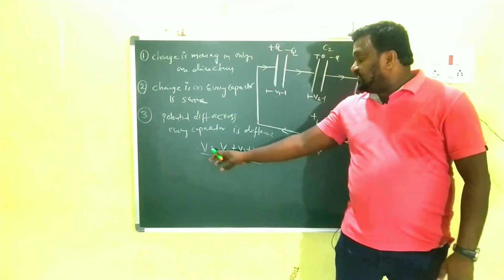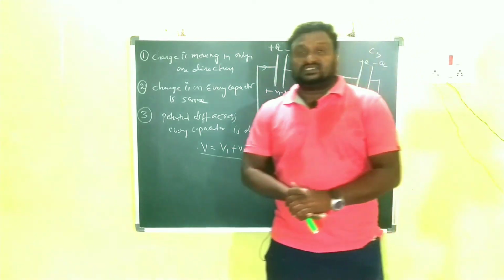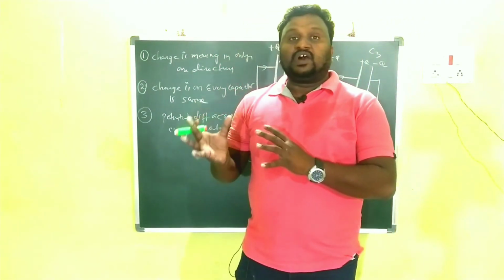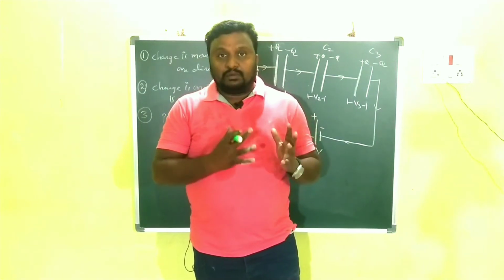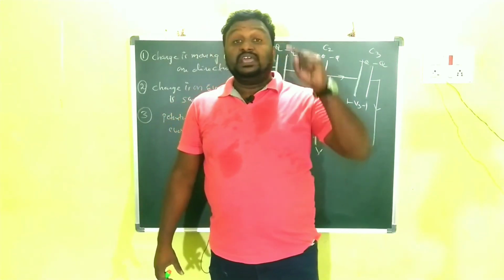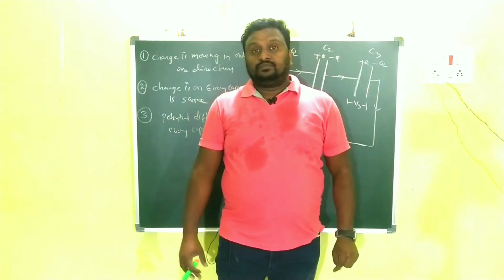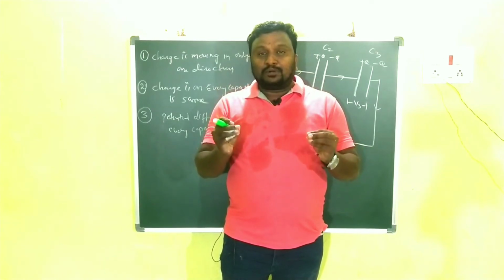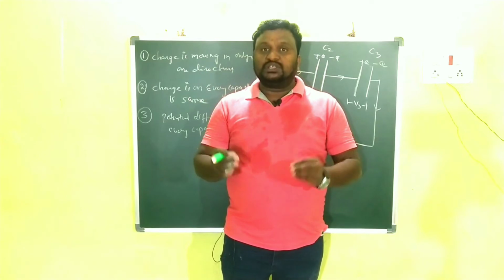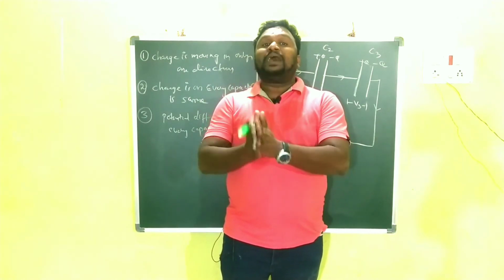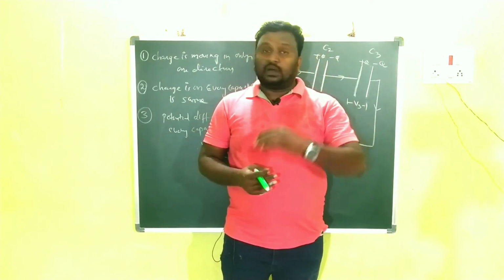The effective potential is nothing but the sum of the individual potentials across the capacitors, which should be equal to the equivalent potential that we are supplying to the entire combination. Clear? The algebraic sum of individual potentials across the capacitors is equal to the equivalent potential supplied by the battery. So children, you have to remember these 3 points in series combination.